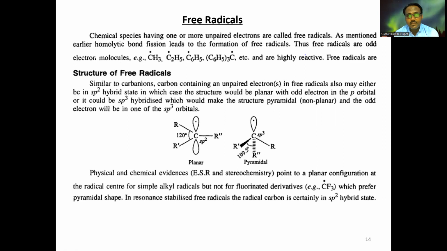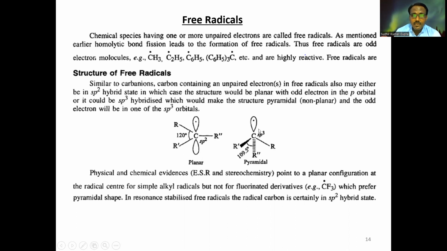Similar to carbanions, the carbon containing an unpaired electron in free radicals can be in the sp2 hybrid state, for which the structure will be planar with the odd electron in the p orbital. It can be sp3 hybrid, where the structure is pyramidal, as in case of this carbanion.